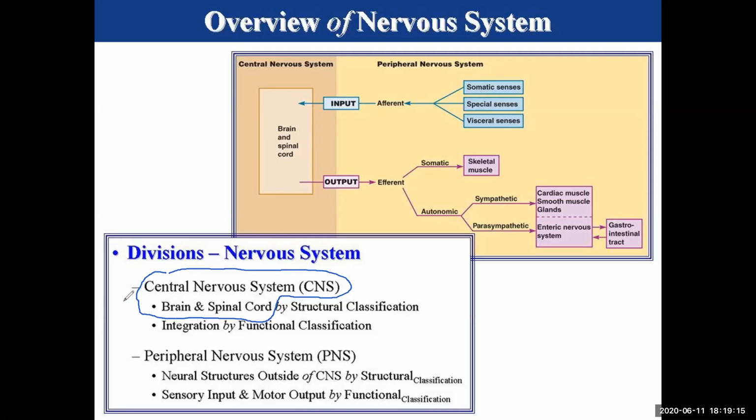Anything else that is physically not located in the brain or the spinal cord would belong to the peripheral nervous system. All right? So brain and spinal cord, central nervous system, everything else, peripheral nervous system.